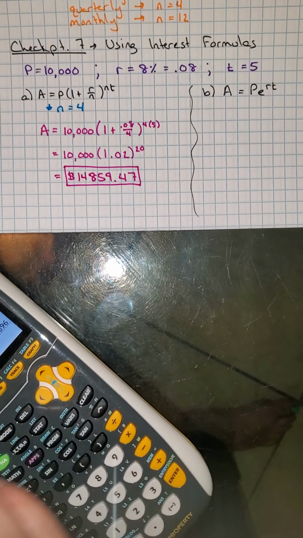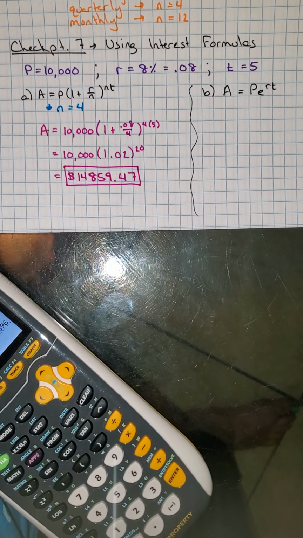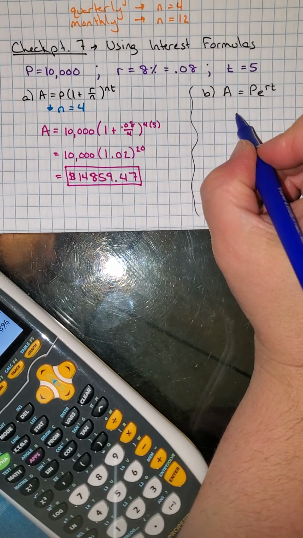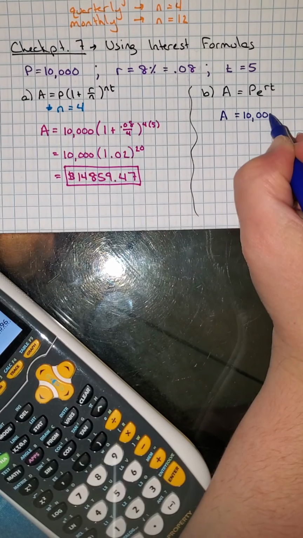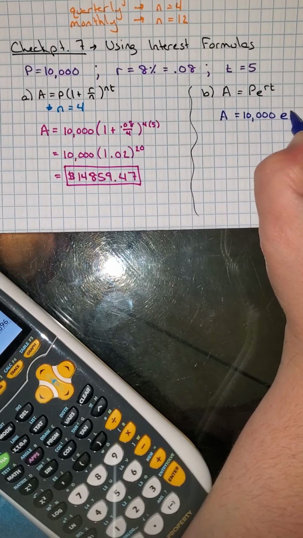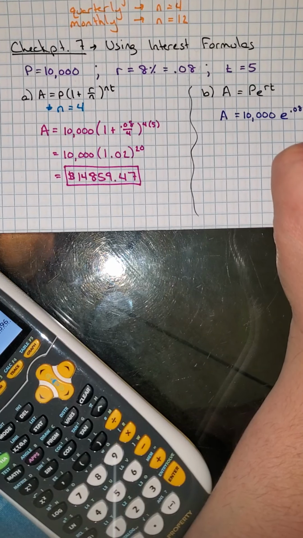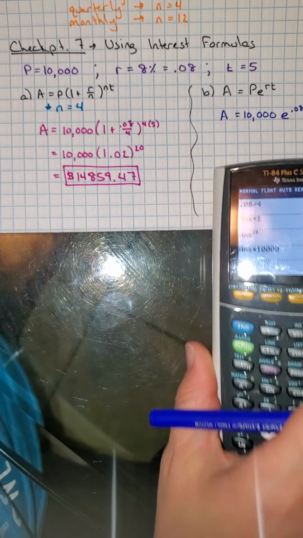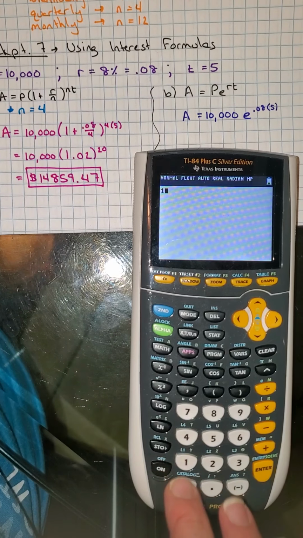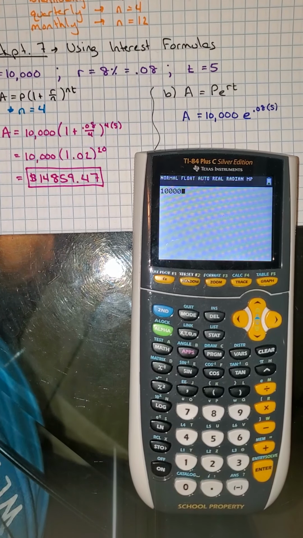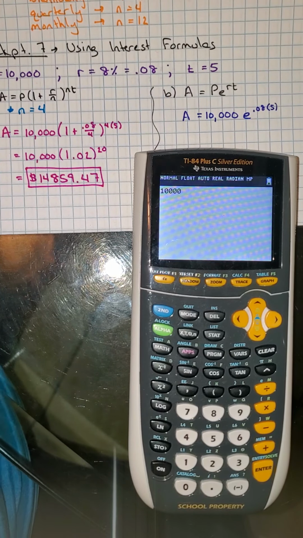All right, and then we have A equals PE to the RT. So we have 10,000 times E to the 0.08 times 5. The nice thing about this one is you can pretty much just throw the whole thing in there. So 10,000. Sorry.